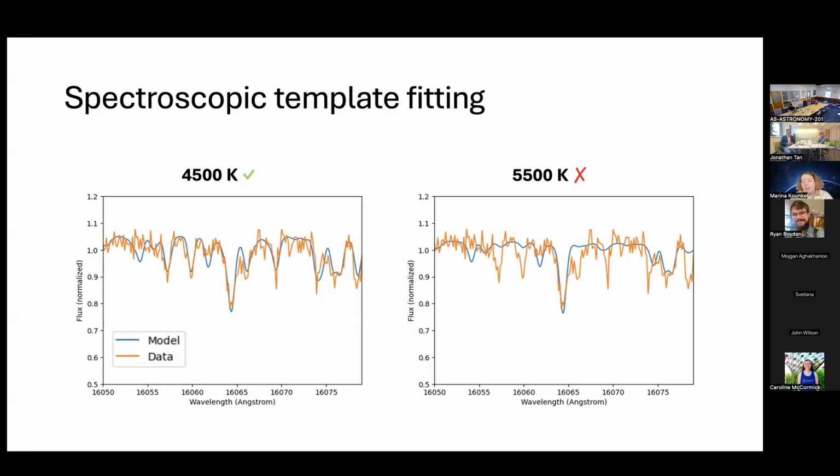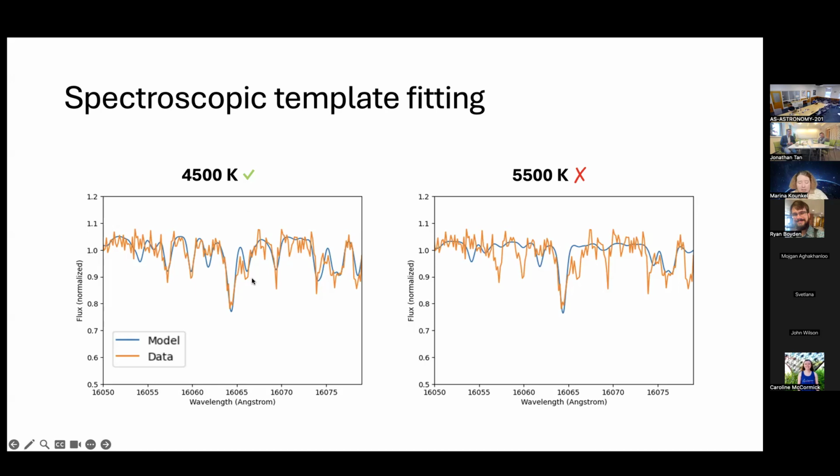And you will do it for every single combination of temperature, surface gravity and composition. And afterwards, after you have this synthetic library of stellar spectra, you take your data and you try to evaluate which of these templates matches your data the best. For example, here you can see that we have a fairly good agreement, and here you don't have as good an agreement, so likely these will be the conditions for the star.